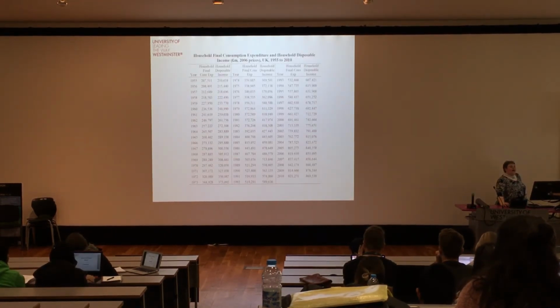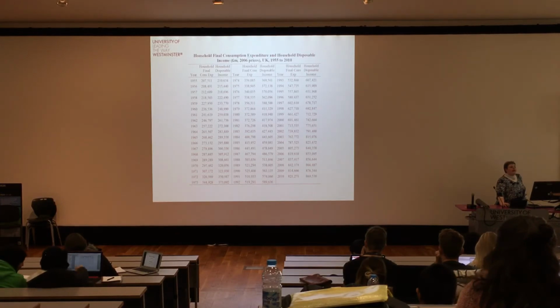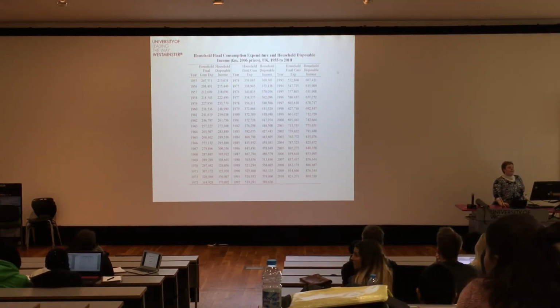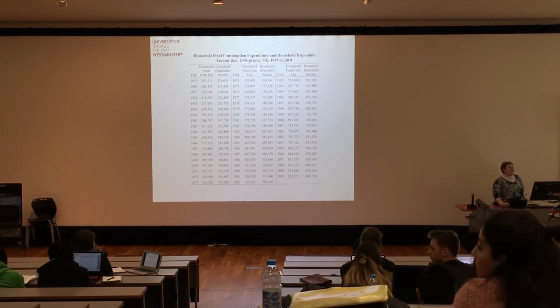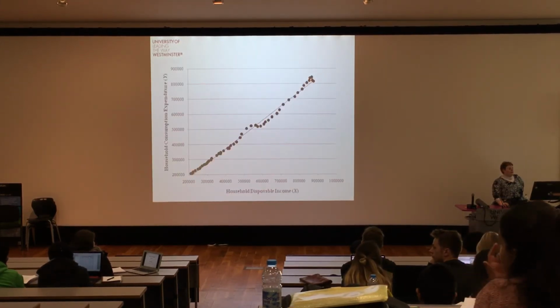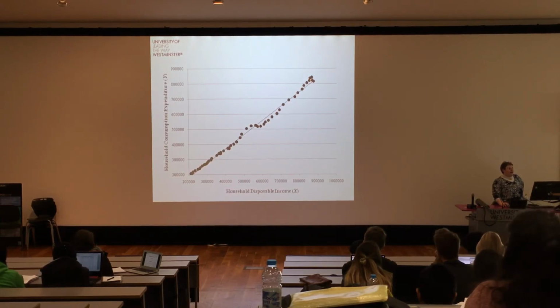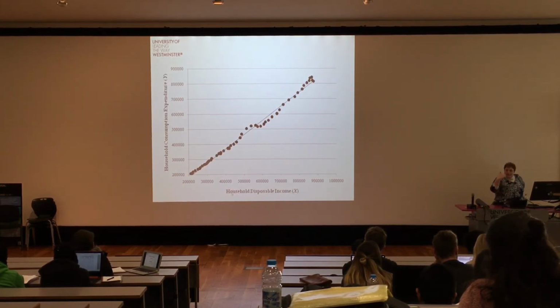So, here there is another data set, in which there is household final consumption expenditure and household disposable income. If we want to approximate the final consumption expenditure through a line against the household disposable income, we can use the same technique.